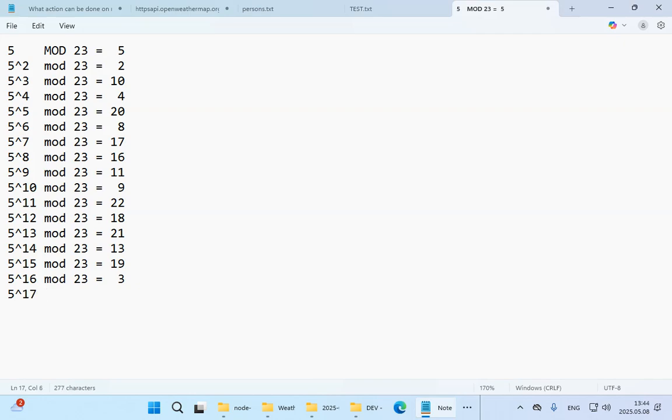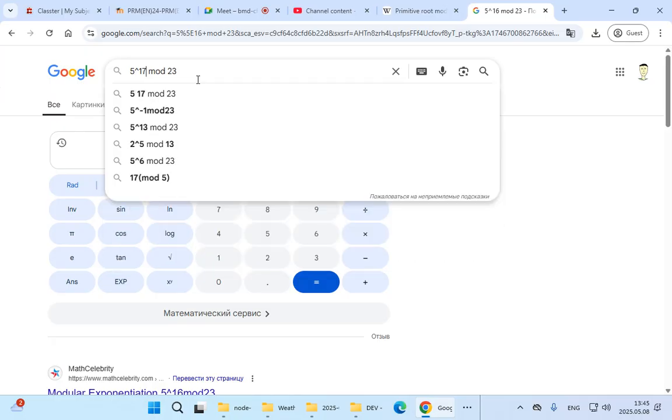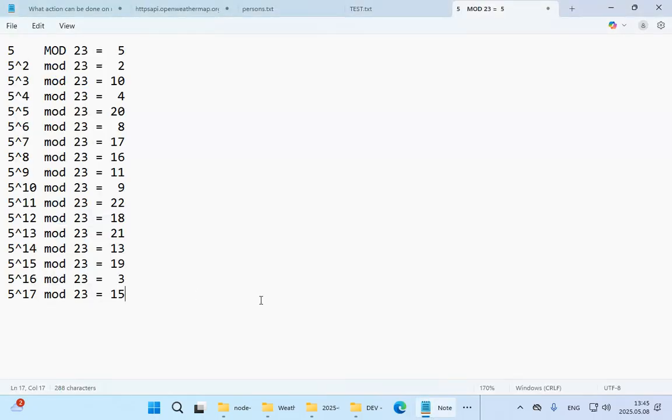Now 5 to the power of 17 mod 23. What will be the result? It's 15, yes? 16 times 5. Should be 15. Let's check. Yeah, it's 15. Now 5 to the power of 18 mod 23.